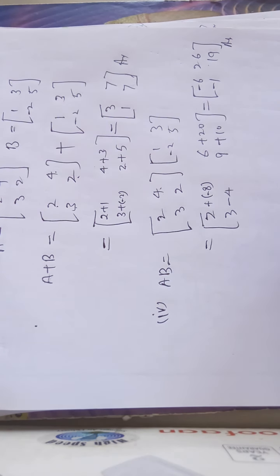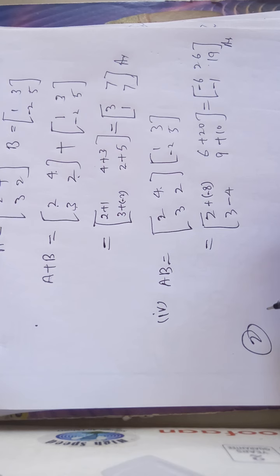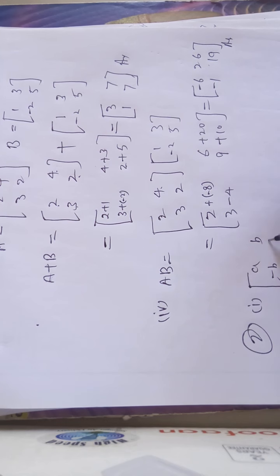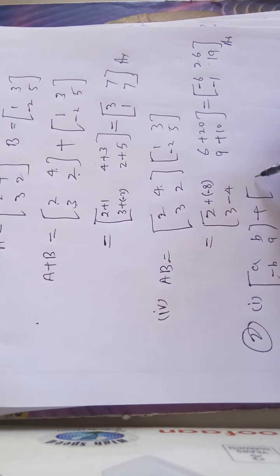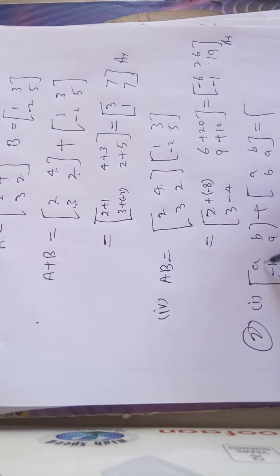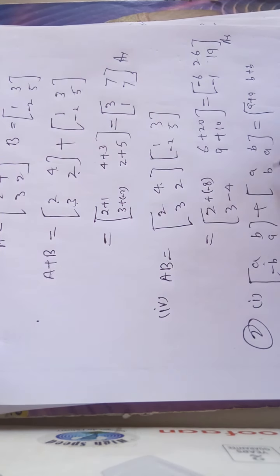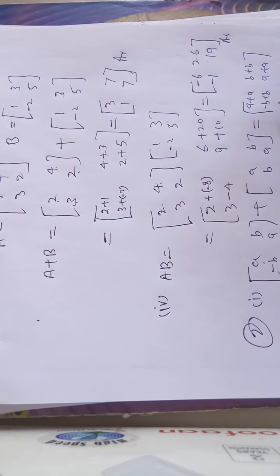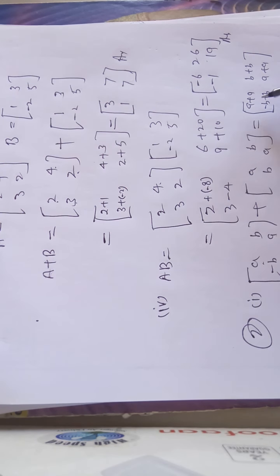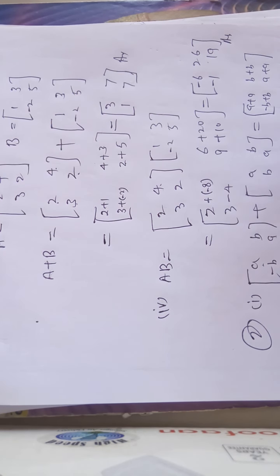Under addition, question number 2, can you solve? Question number 2, first part: AB minus BA plus AB plus BA. A plus A, B plus B, minus B plus B, A plus A, is equal to [2A, 2B; 0, 2A].